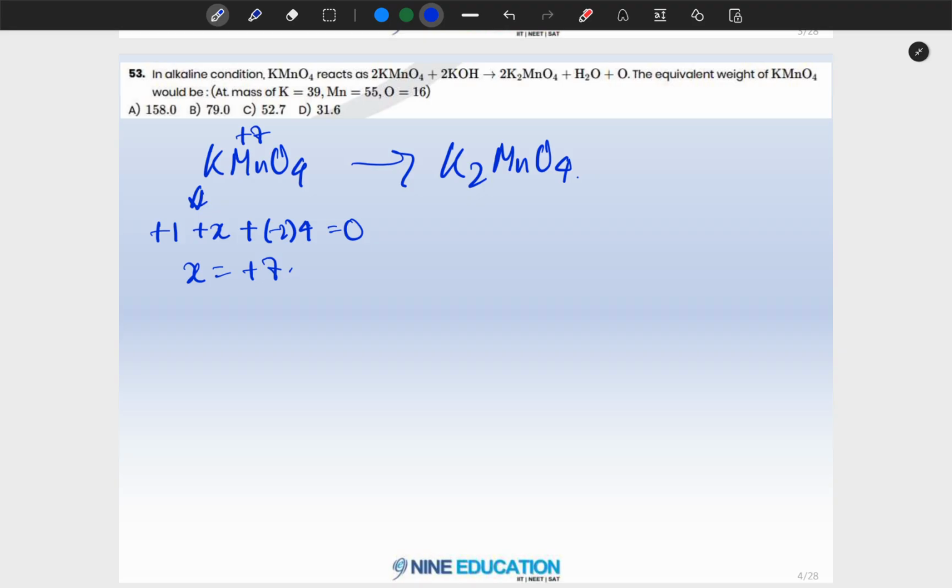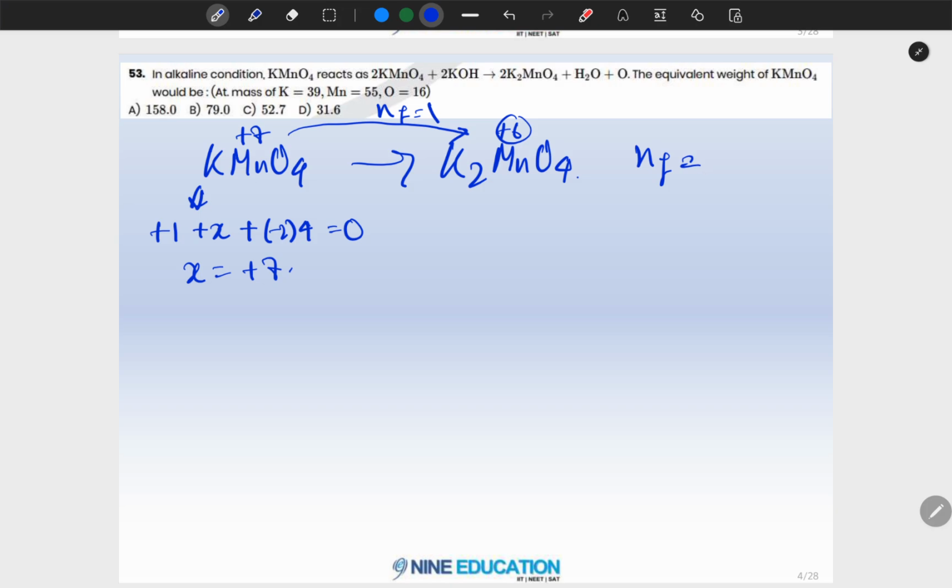As per this reaction, KMnO4 is getting converted to K2MnO4. Similarly, if I calculate the oxidation state of manganese in K2MnO4, I will get the value to be plus 6. So what is the n factor of KMnO4 in this reaction? The value of n factor is equal to 1. N factor is basically the change in oxidation state into the number of moles of manganese present in 1 mole.